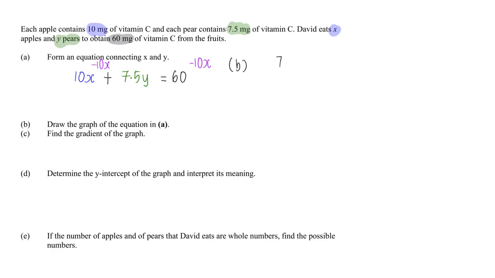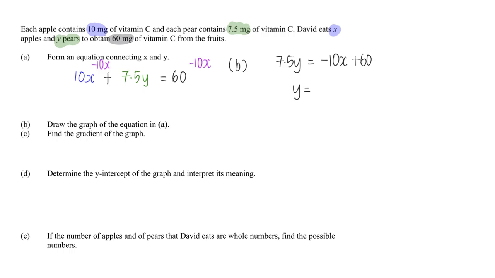That will give me 7.5y equals to negative 10x and positive 60. And of course, I'm going to divide by 7.5 throughout.